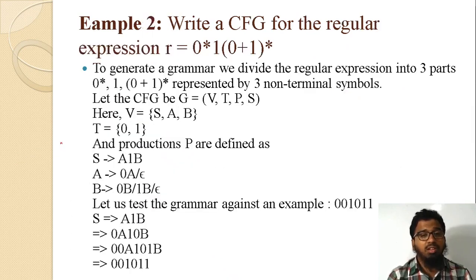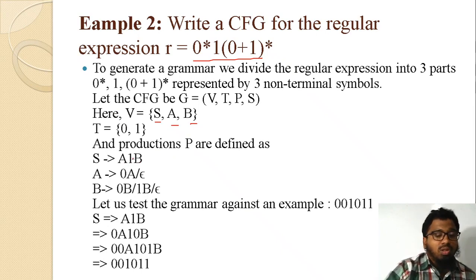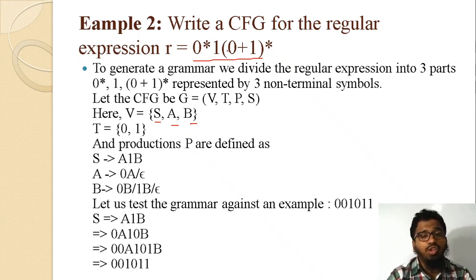Okay. Next example is here, all the terminals are there, means if we have such kind of equation, such kind of grammar, how to do that? In such a way, S, A, B is taken. What is S? A1B. So this is divided into three parts.